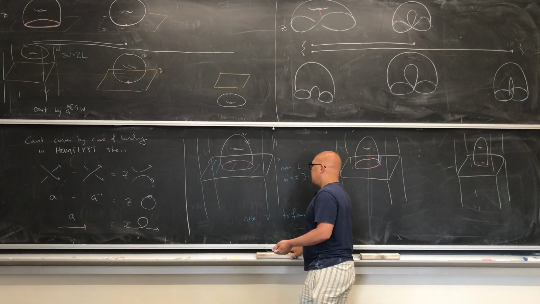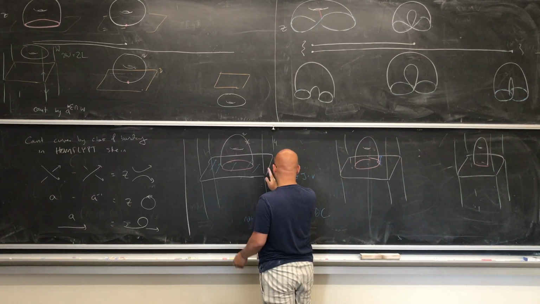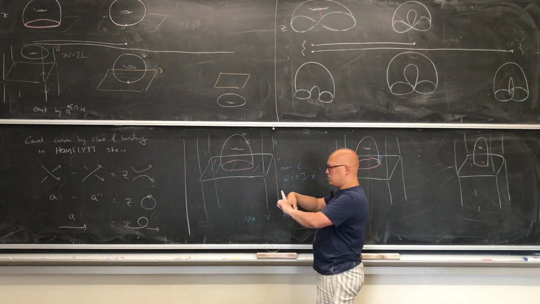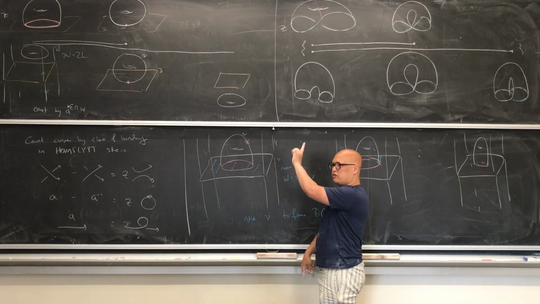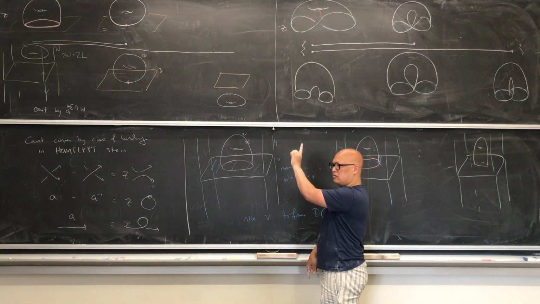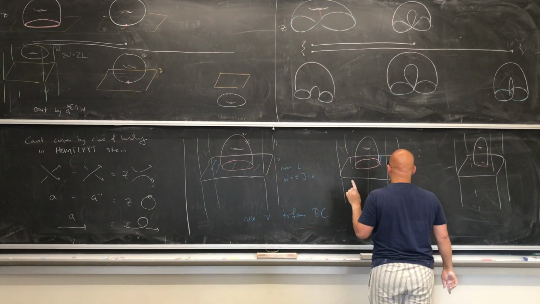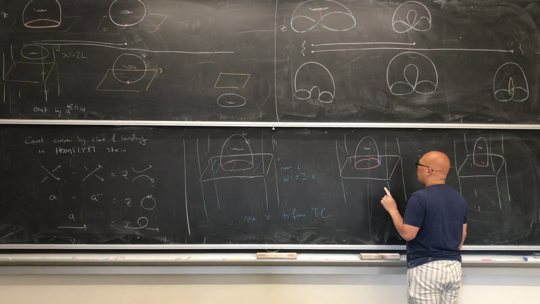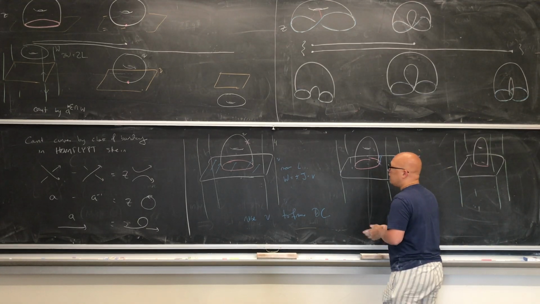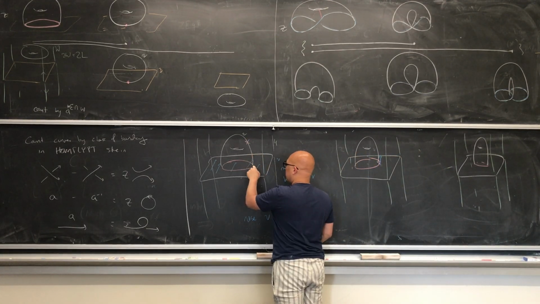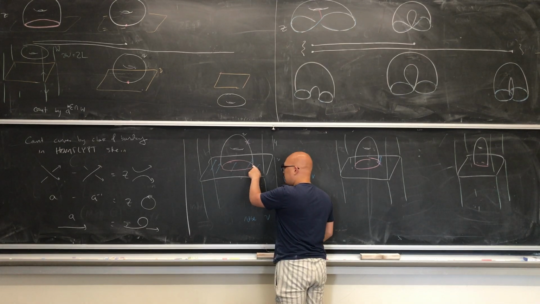Now I demand that the Ford chain has a certain local behavior near the Lagrangian, and that local behavior is it goes in the direction J times the vector field. And what does that mean? That means that whenever the Ford chain intersects the holomorphic curve at the Lagrangian.